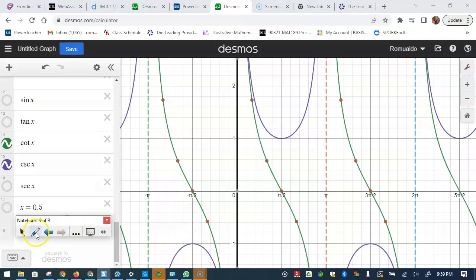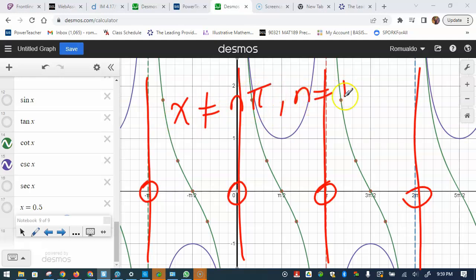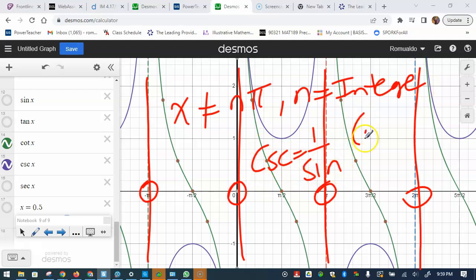So what did we learn from here is, you can see these are the ones where there's a vertical asymptote at minus pi, 0, pi, 2 pi. So we can say x can be anything but should not be n pi, for n integers, because cosecant is 1 over sine, and cotangent is cosine over sine.